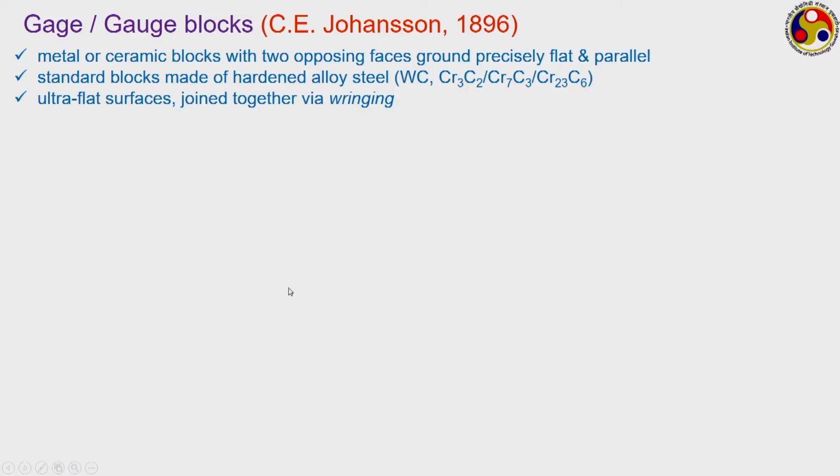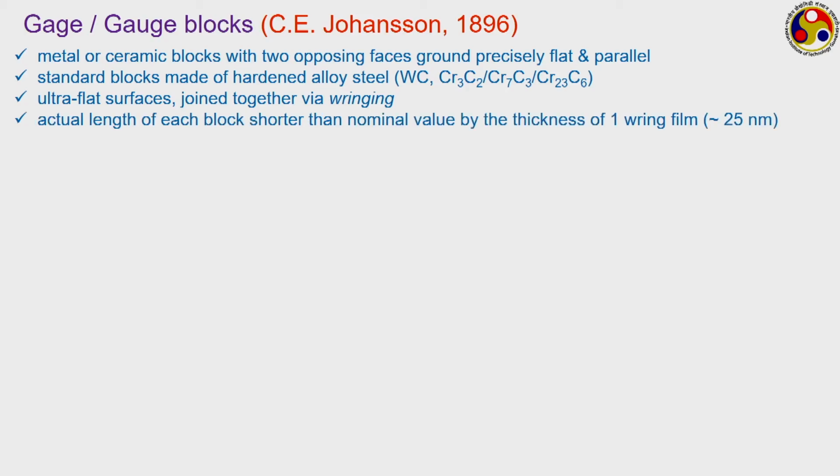They are characterized by ultra flat surfaces, and these blocks are joined together following a phenomenon known as ringing. I shall be talking a bit more about ringing shortly. The actual length of each block is generally shorter than the nominal value of the thickness. Suppose this is one block and its nominal length is 1.1 millimeter.